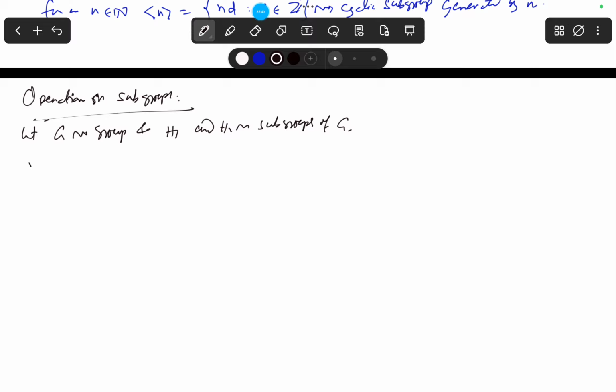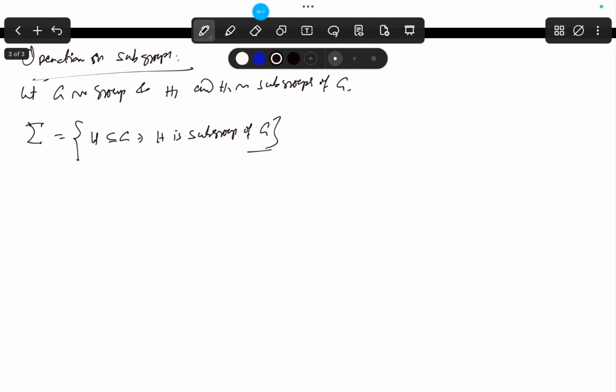So maybe you can just consider the class of all subgroups of G. So if you consider the class of all subgroups of G, now my question is how many operations can we work on any two elements from this class, making sure that the product of the operation will be there in the class again. So the first choice that one can easily think of is union.